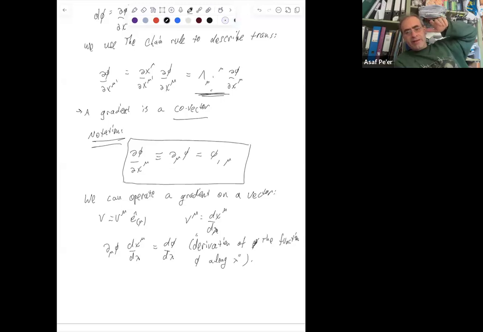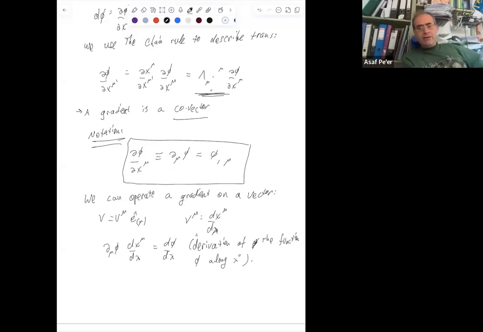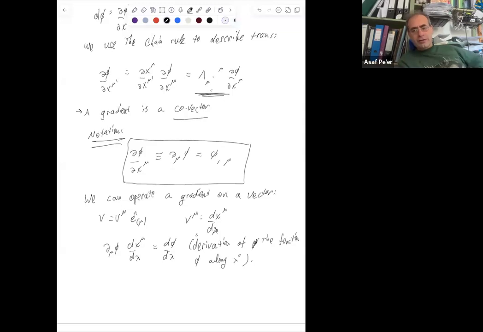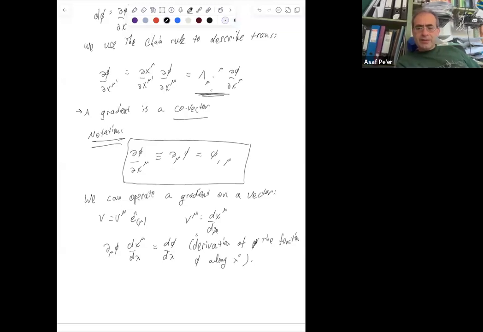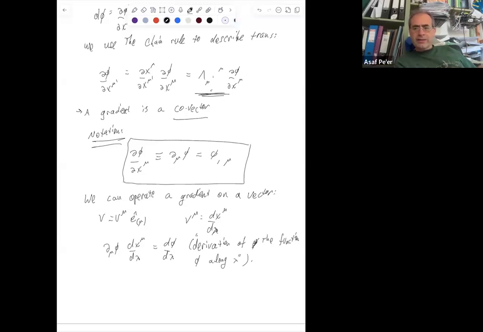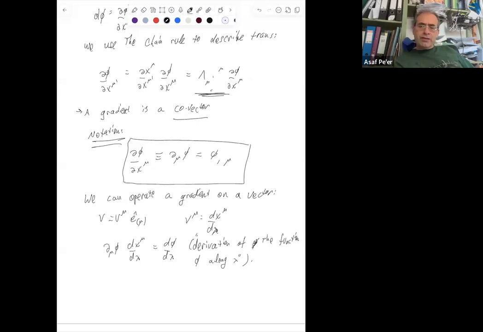Then I saw that the basis vectors cannot transform the same way. They transform with the opposite, the inverse Lorentz transformation, which is also a Lorentz transformation. So they cannot belong to the same space as the tangent space. They must belong to a different space, which is the cotangent space. And then I generalized that and said, actually this cotangent space contains many objects, which I call covectors, and I denote them with a lower index.